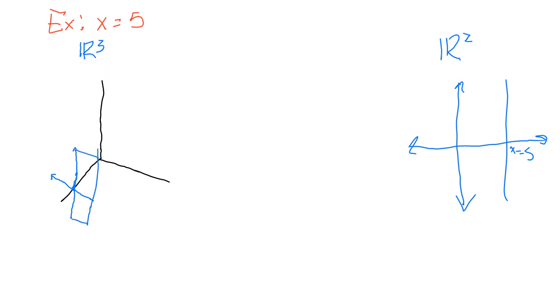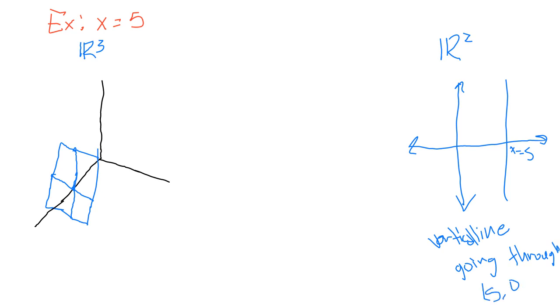So therefore, we just get a plane. This one in 2D is just a vertical line going through the point 5, 0.